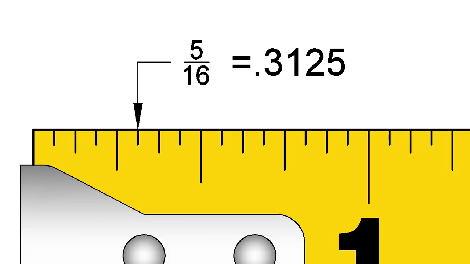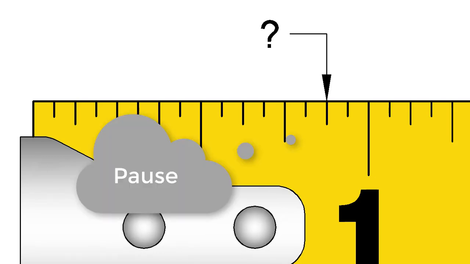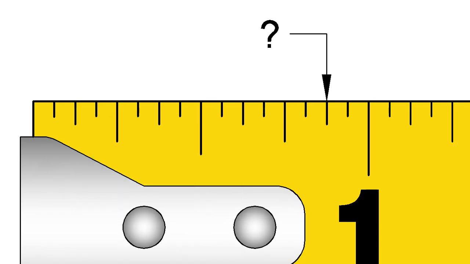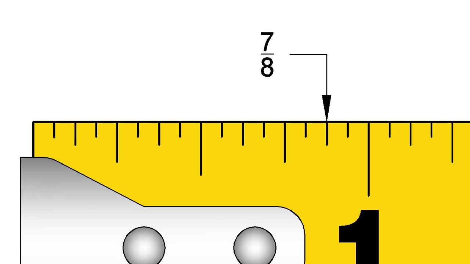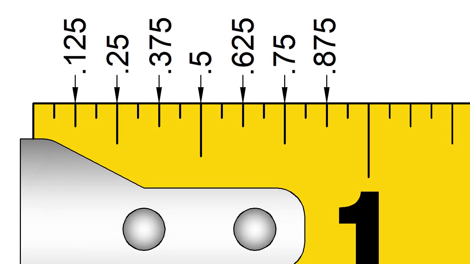Let's do another to be sure you've got it. What is the decimal equivalent of this fraction? The fraction is 7/8. And 7 divided by 8 is 0.875. Remember that this is one of those that it is good to memorize if you use decimals a lot.